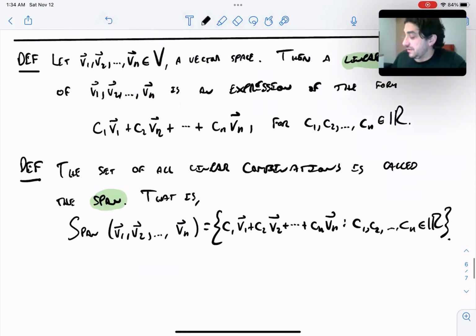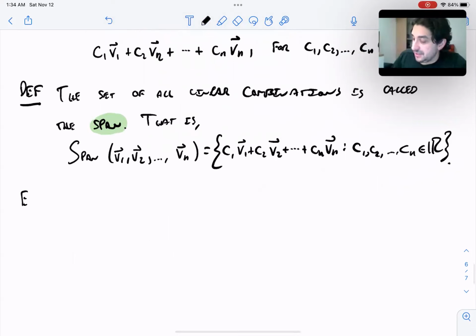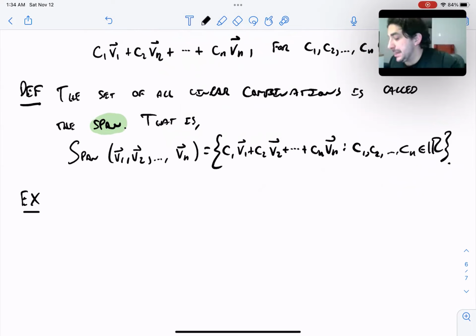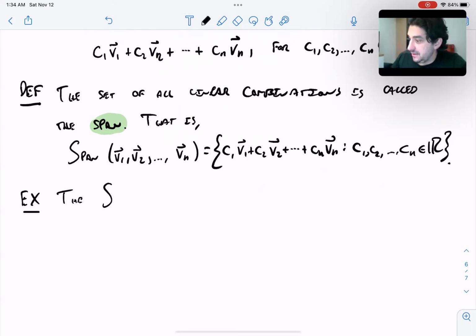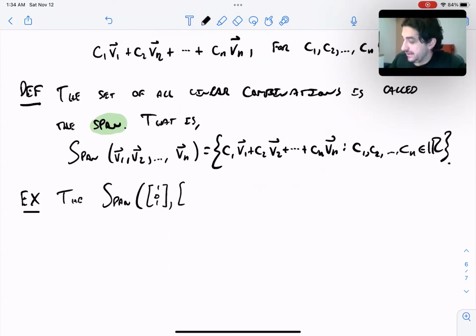So let's look at some examples here. Suppose you have the span of the vectors (1, 0, 1) and (2, 0, 0).